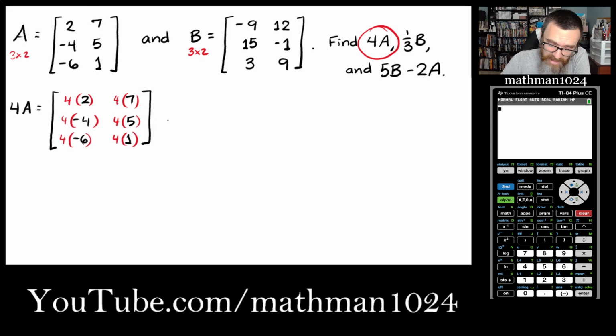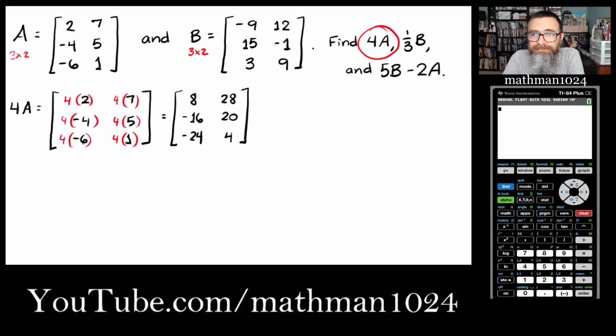Yeah, that's all that needs to be done. So it means we have 8, negative 16, negative 24 for the first column, and then 28, 20, and 4 for the second column. That's it. Again, don't complicate things.